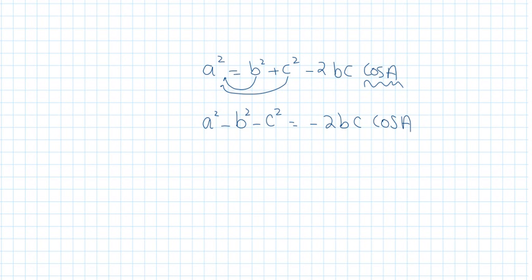So if I want to get rid of it, what do I do? Because the opposite of multiplication is division. B squared divided.